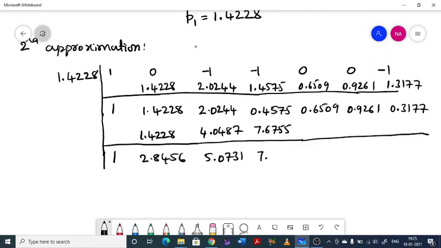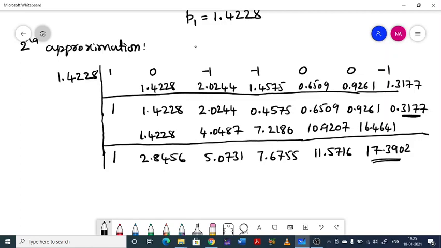Multiplying, sorry, it is 7.2180. Here 7.6755, 10.9207, adding 11.5716, again multiplying 16.4641, 17.3902.